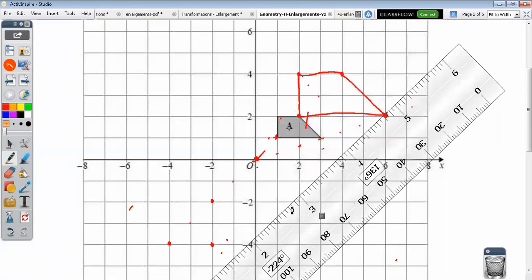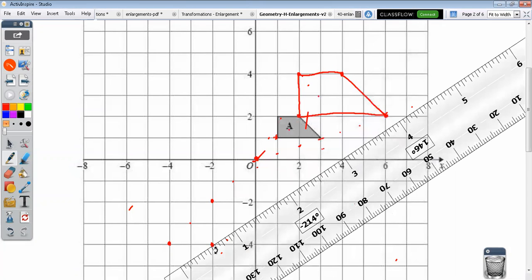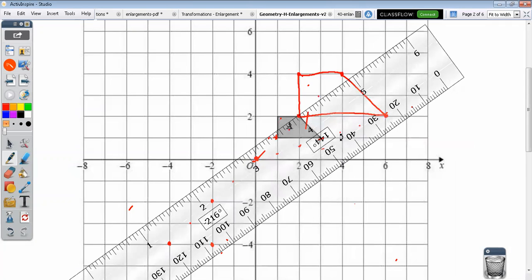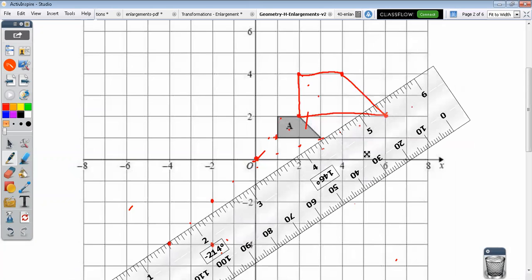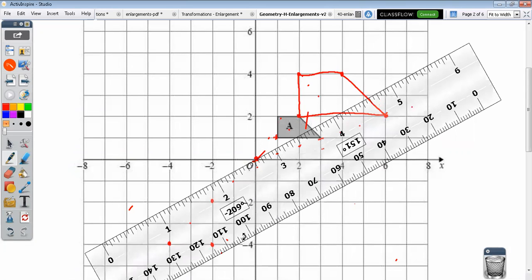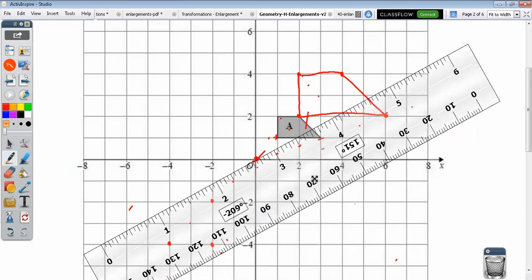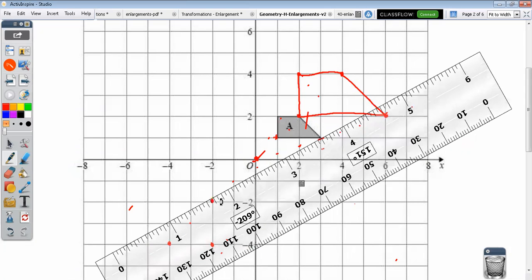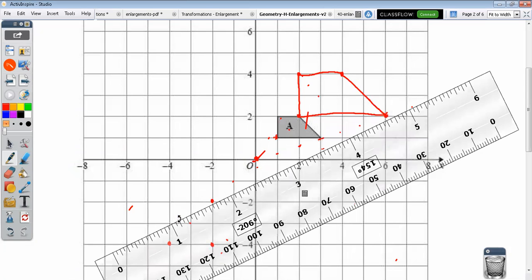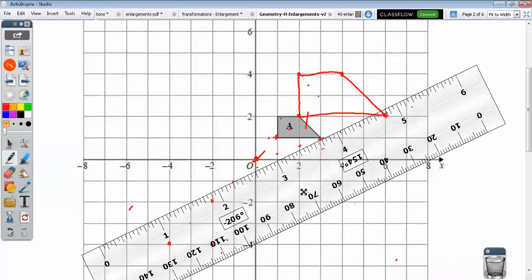Then the last one, which is this one here. Remember, it has to pass through the center. Like this. I think his network is giving me issues.